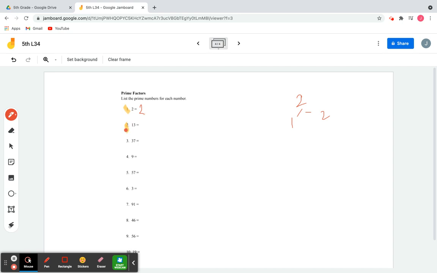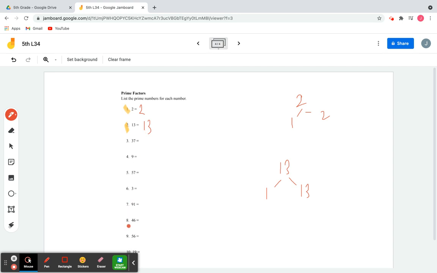And let's work on number 2. We have 13, and 13 is a prime number because it is divisible by two numbers, which are itself and 1. So we don't write 1 for the answer, so I'm going to just write 13. And for another example, I'm going to do number 8.